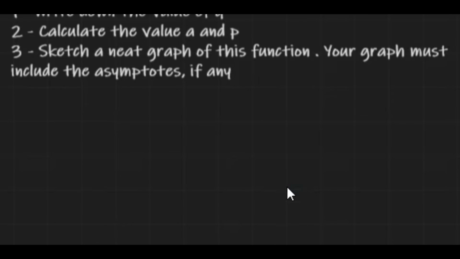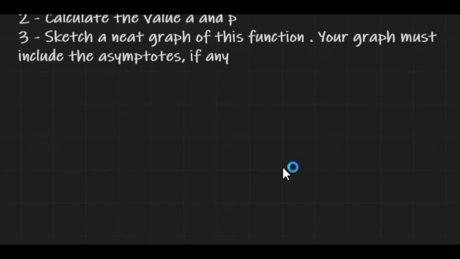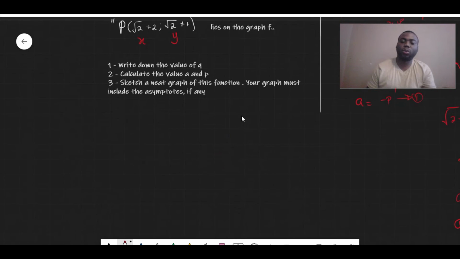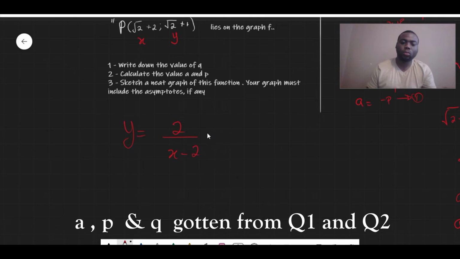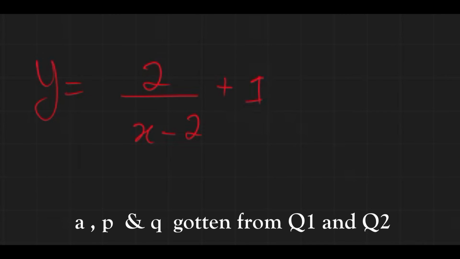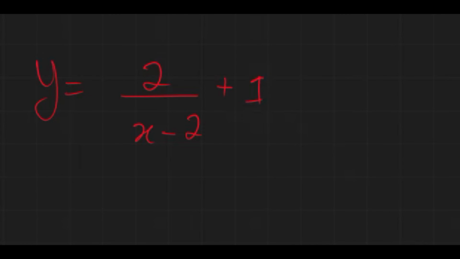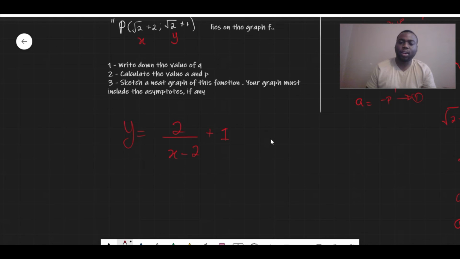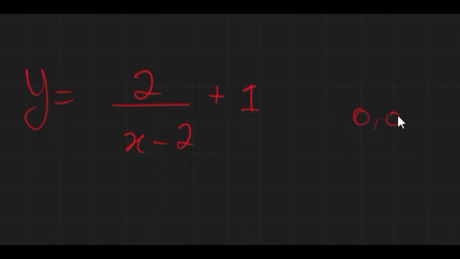Now for question 3, they asked us to sketch a neat graph. Your graph must include asymptotes, if any. A couple of pieces of information that we do have let us write what our hyperbola graph is going to look like. We know that our y and x intercept is (0, 0).